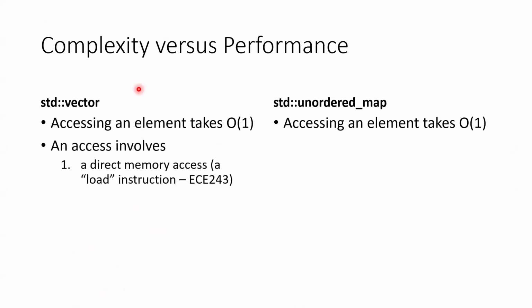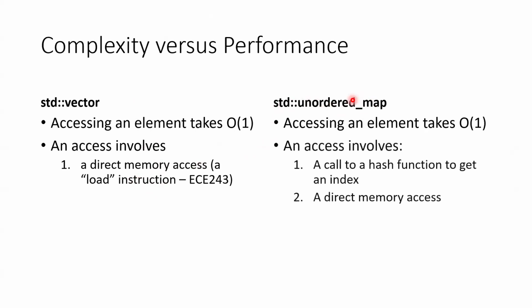For the vector, we do a direct memory access, a load instruction that has the address and an offset. So a single load instruction. Unordered map first does a call to a hash function to get an index and then does a direct memory access. And the hash function takes time.